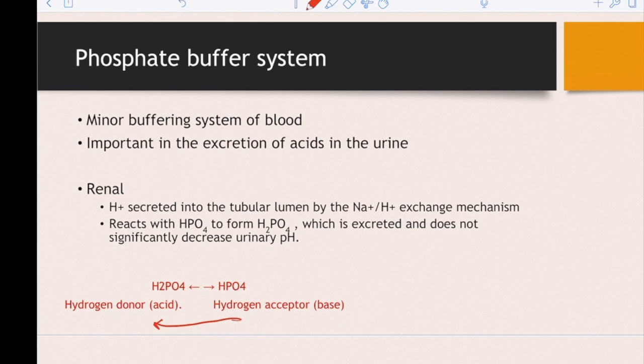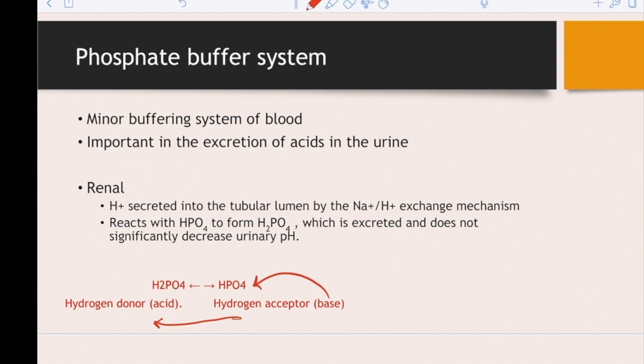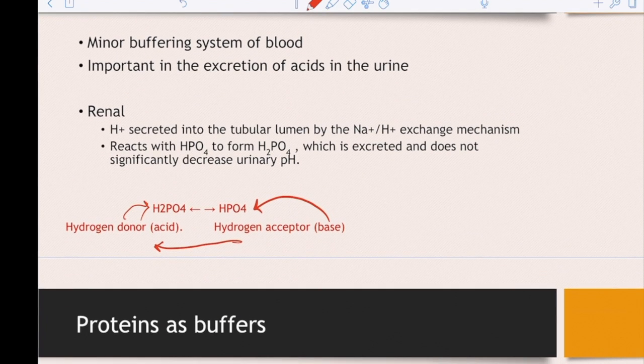So like we had talked about buffers before, we have our conjugate base, that's going to be our HPO4. And then we have our weak acid, and that would be the H2PO4 that's got the 2 protons. This is then excreted, but it doesn't significantly decrease the urinary pH.